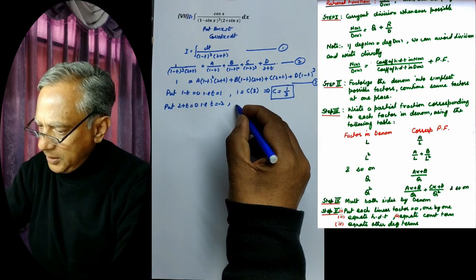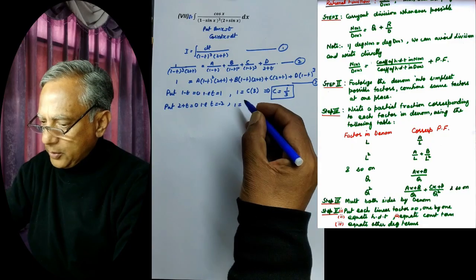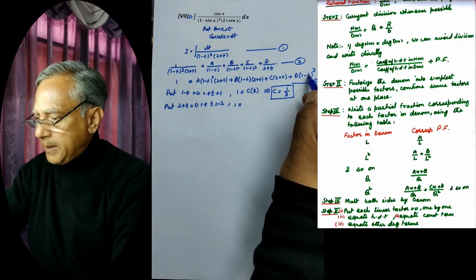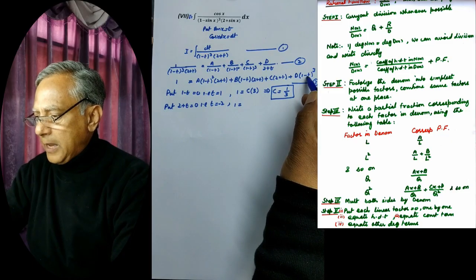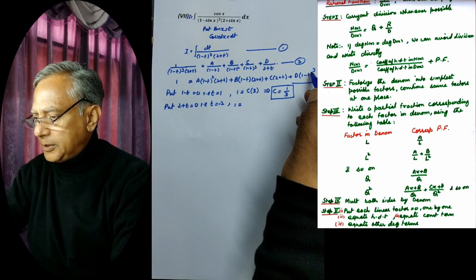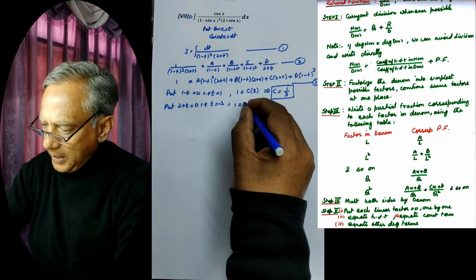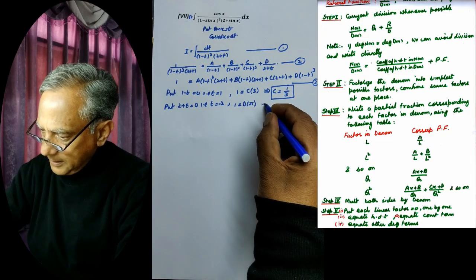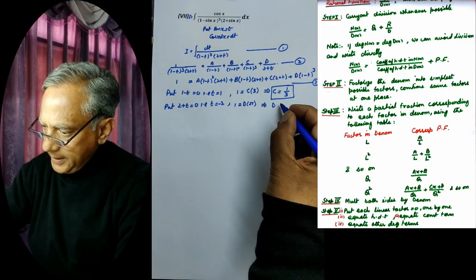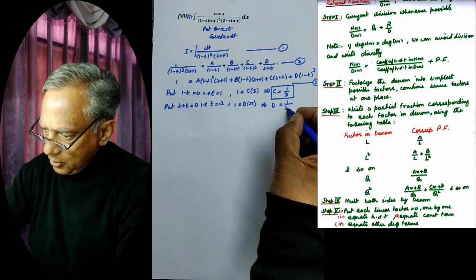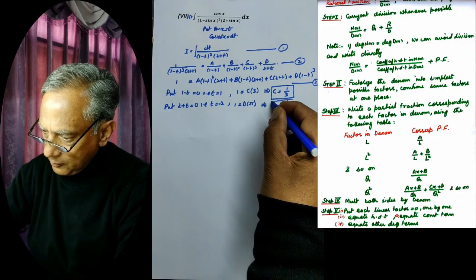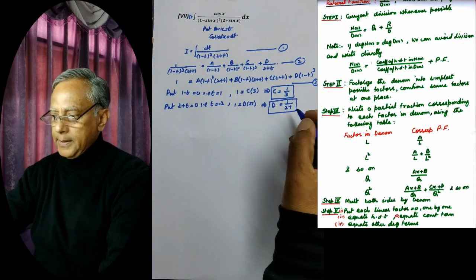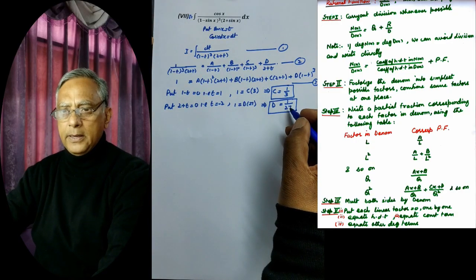So we will have 1 is equal to d into, now t is minus 2, so 1 minus minus 2, so we will have 3. 3 3s are 9, 3 9s are 27. So we will have d into 27. And this implies d is equal to 1 by 27. D is 1 by 27.